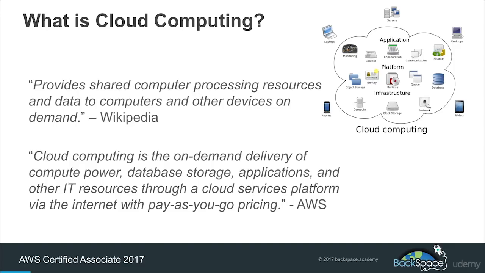So Amazon Web Services has a massive amount of computer processing resources located across the globe, and databases and data storage, and that is available to computers and other devices on demand when needed. And it is shared across literally millions of users. And by doing that, the costs involved in using these IT resources are significantly reduced because they're shared across millions of people.